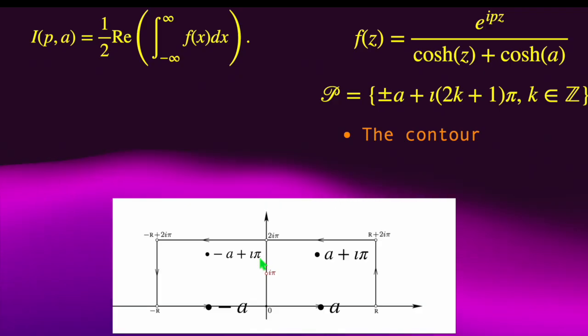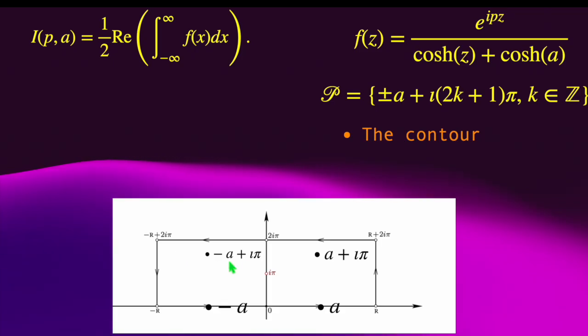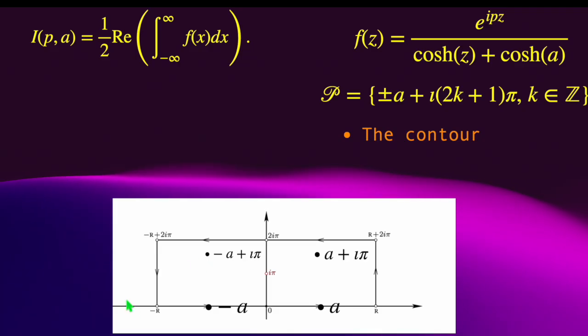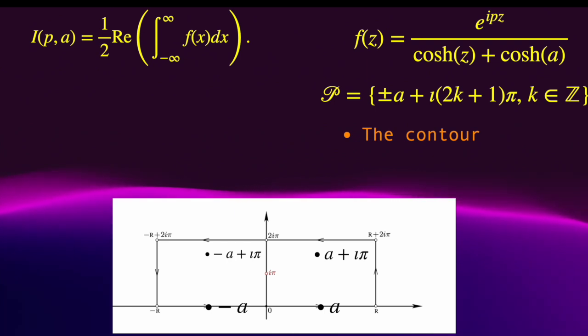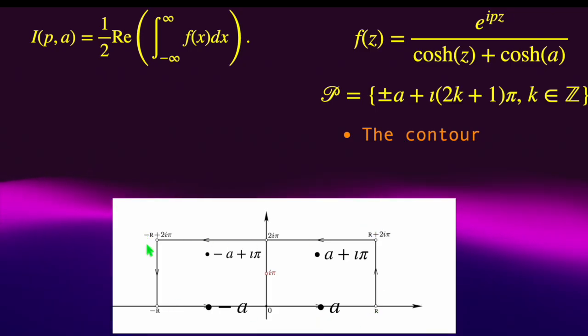So now we have the poles, the contour, and the poles inside this contour. Now we need to apply Cauchy's residue theorem, so we need to parameterize these curves.